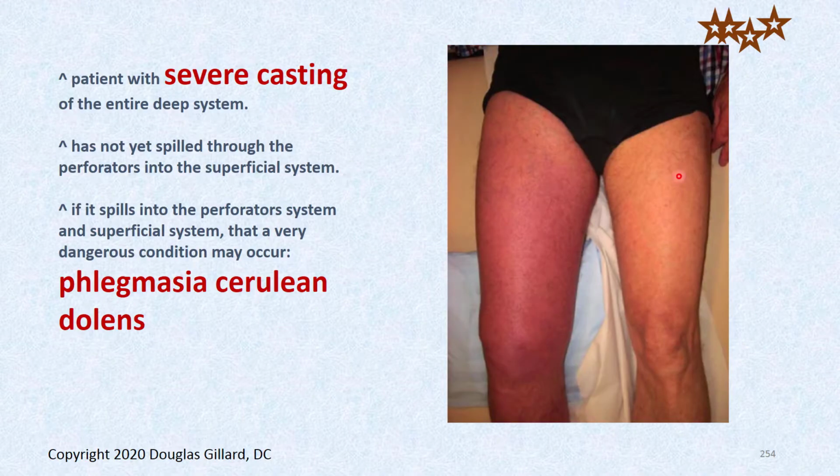Okay, there's a condition. I took all these slides out because I think it's beyond the scope of chiropractic boards. You medical people probably better look up phlegmasia cerulea dolens. This is that casting. There's actually another type of casting that's not quite as bad. But this clogs up the superficial system, starts in the deep system, it clogs up the perforators, clogs up the superficial system.